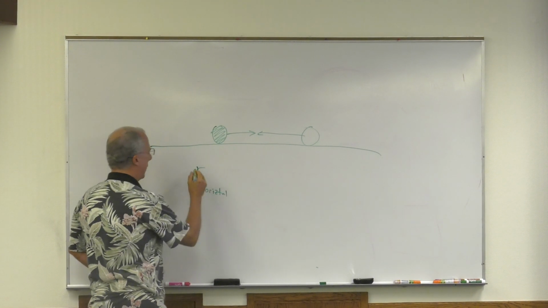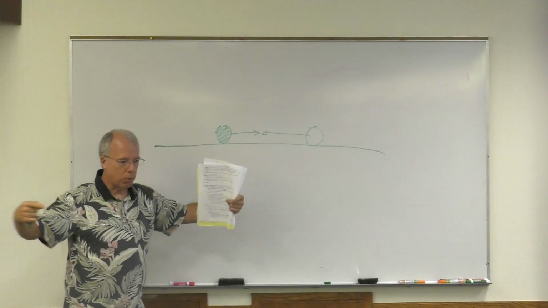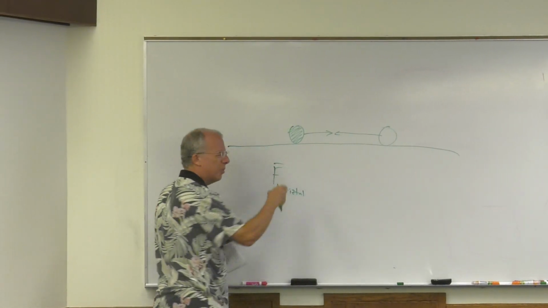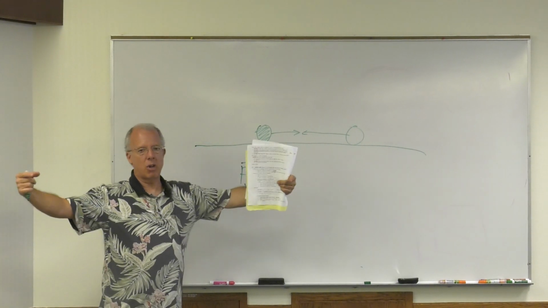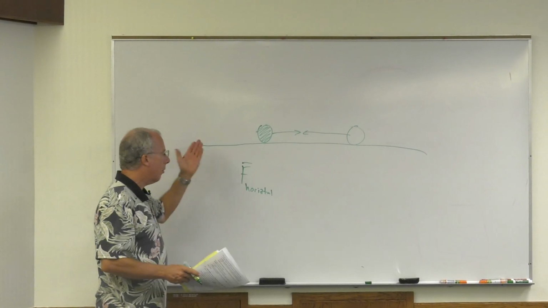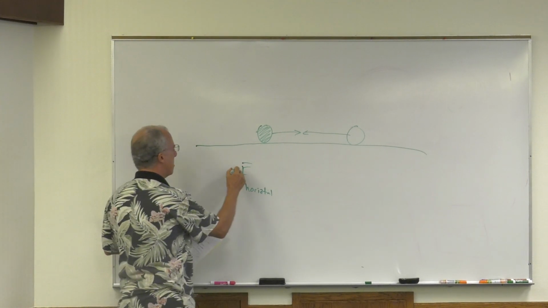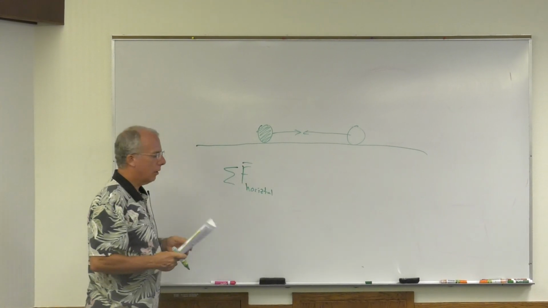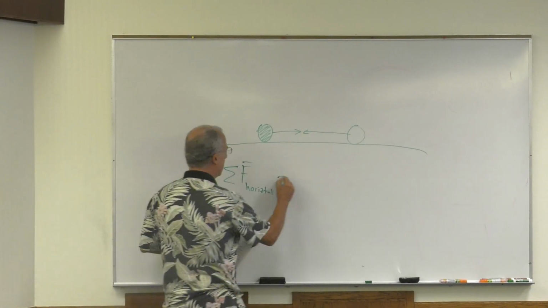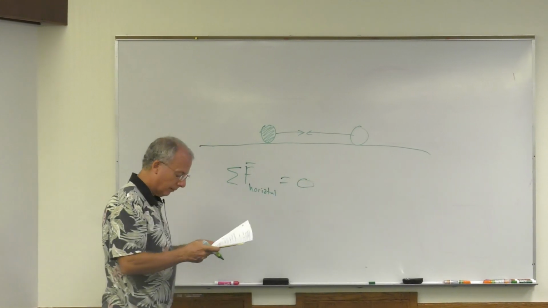We're ignoring the friction because it's small, especially if it's a solid steel ball going really fast. So after I let go, what's true about the sum of the horizontal forces acting on the balls? It's zero, right? Zero.